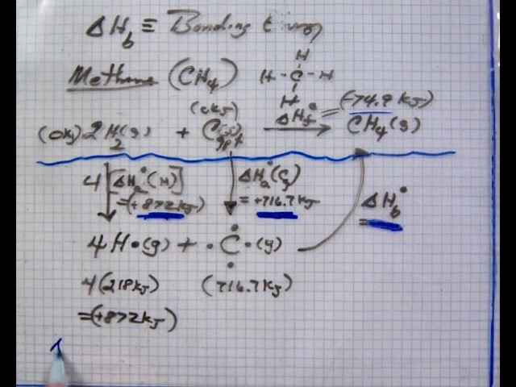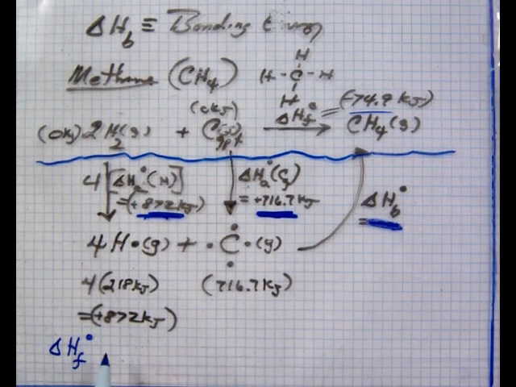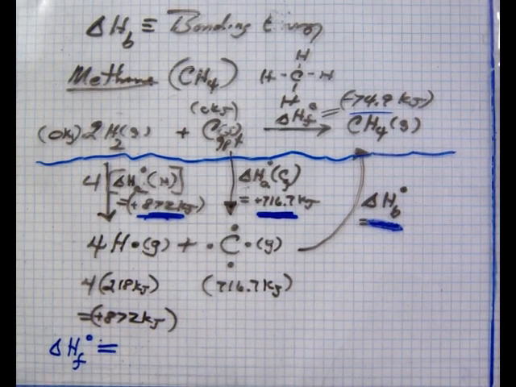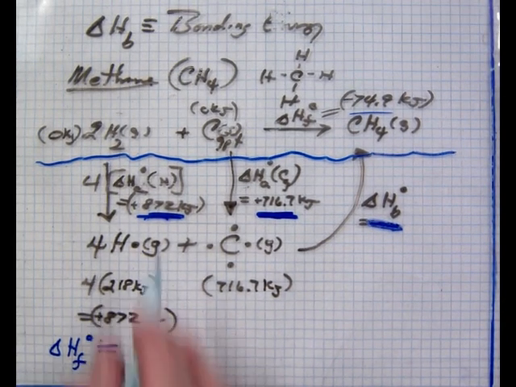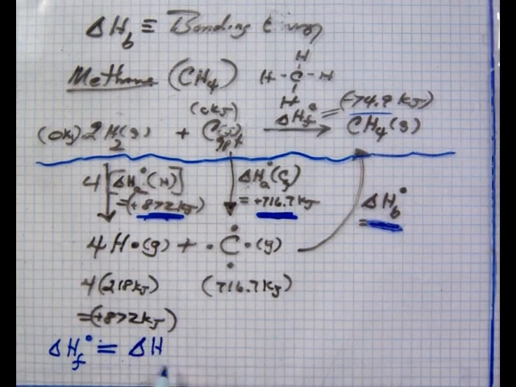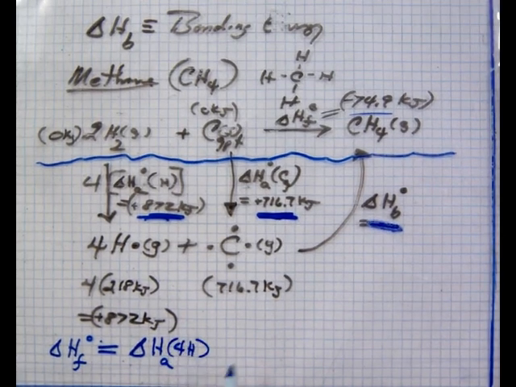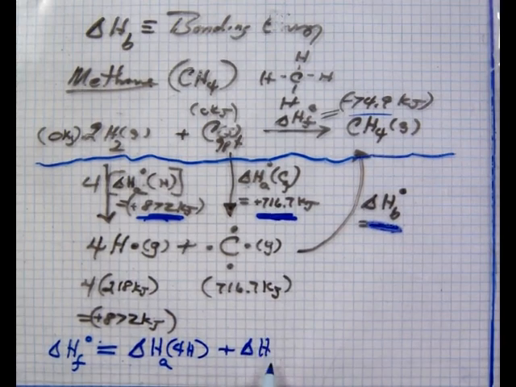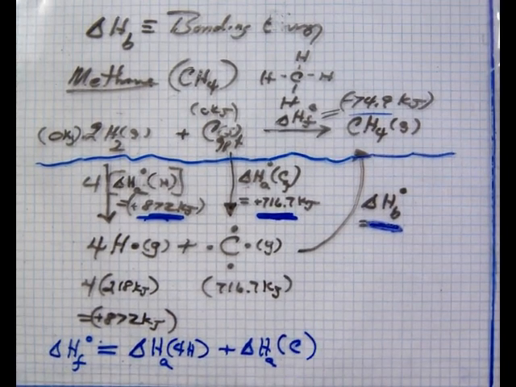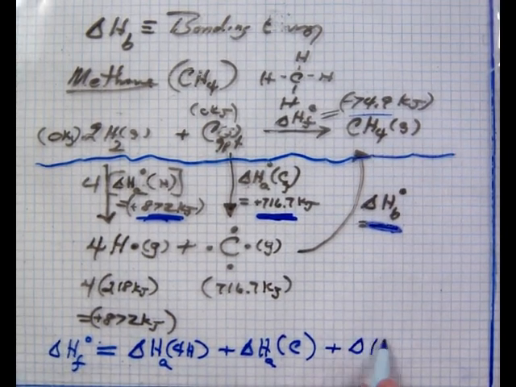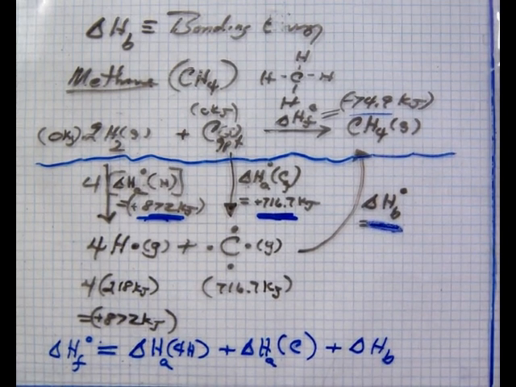That is, delta H of formation for methane, or any compound, is equal to the delta H of atomization of 4 hydrogens, plus delta H of atomization of your graphite carbon, plus your bond energy for methane. And so you put the numbers in, solve for delta HB. It's really straightforward once you see through the layout of it. Okay?